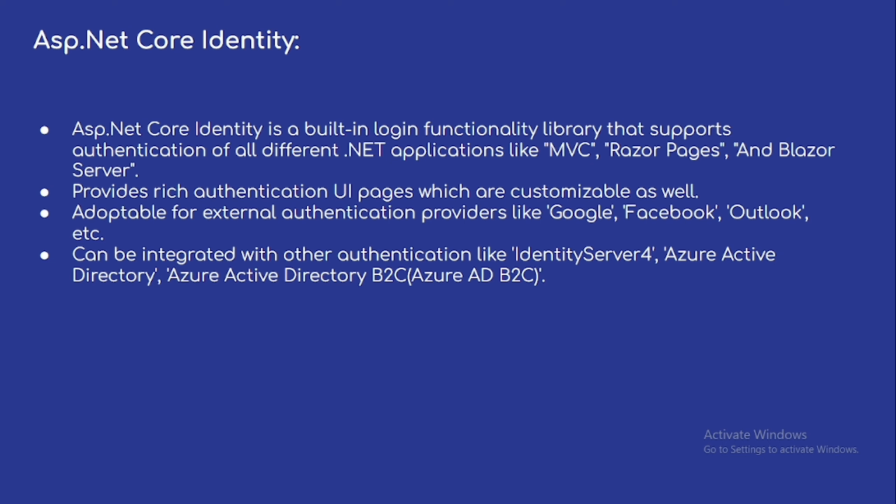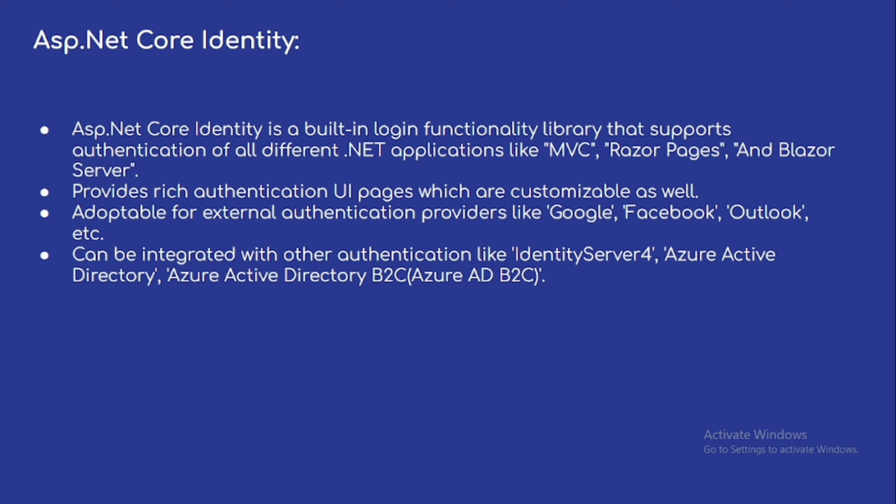ASP.NET Core Identity is a built-in login functionality library that supports authentication for all different .NET applications like MVC, Razor Pages, and Blazor Server. Next, it provides rich authentication UI pages which are customizable as well.